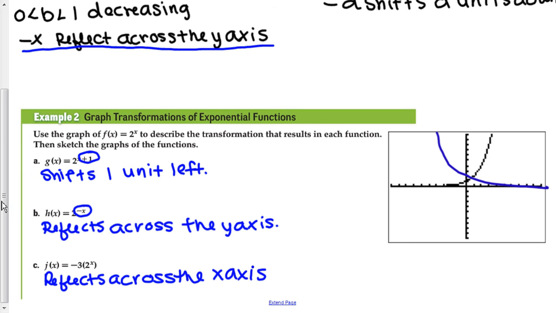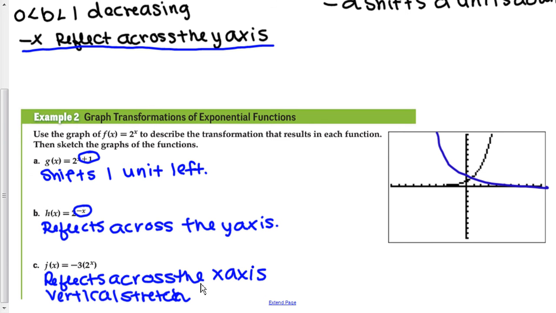But there's also a 3. What this 3 does is it does a stretch. And it is a vertical stretch.